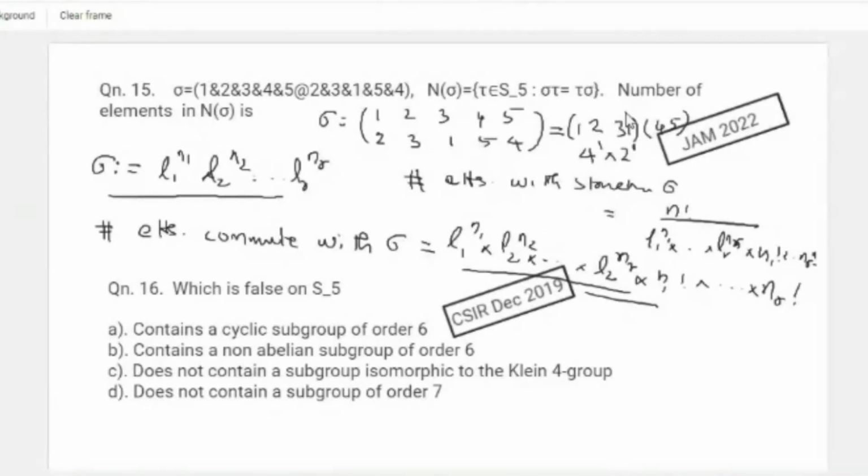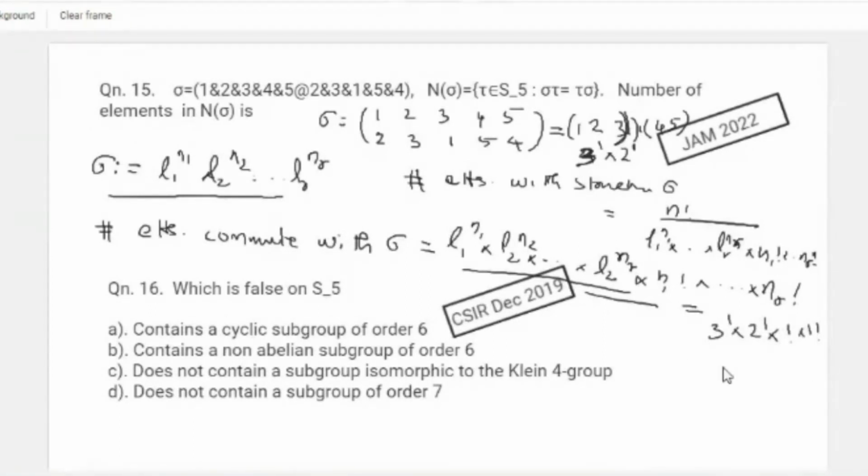The structure is 3 raised to 1 into 2 raised to 1. So if we apply this formula, 3 raised to 1 into 2 raised to 1 into 1 factorial into 1 factorial. This is the answer.